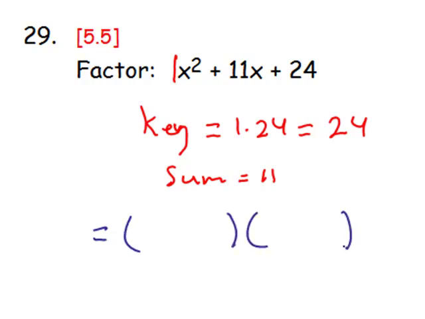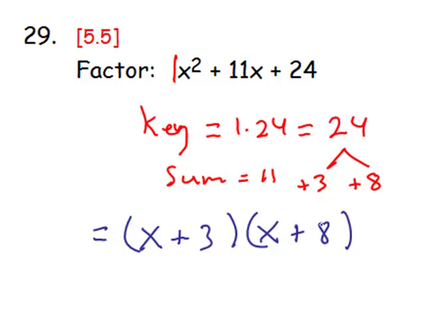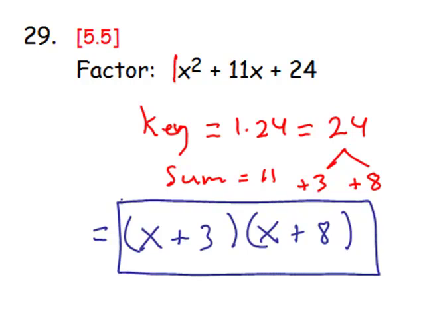Because it's 1x squared, it's just x times x. 24 can be broken into 3 and 8, and that's positive 3 and positive 8, and those are the values that fit directly into the binomials. And we are complete. There's a one-step factoring instead of a multi-step factoring like we did in the previous two exercises.